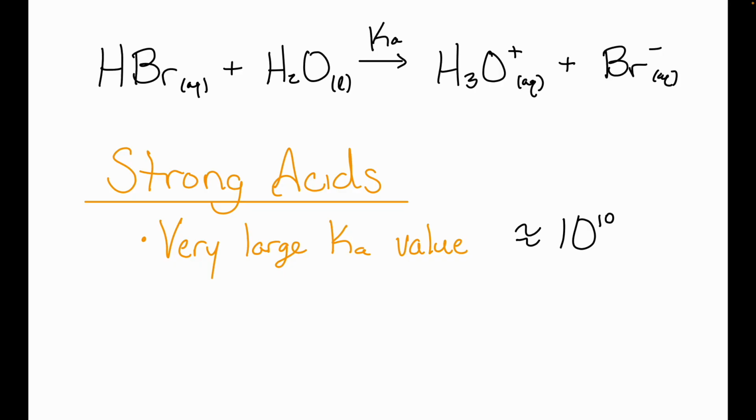All right, so if we have this ginormous number for our equilibrium constant here, what would we say about this reaction? Does it favor the products or the reactants? The products. And does it strongly or weakly favor the products? Strongly. So these are reactions that strongly favor the products.